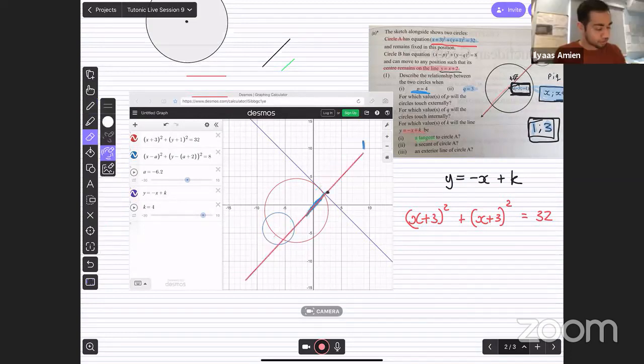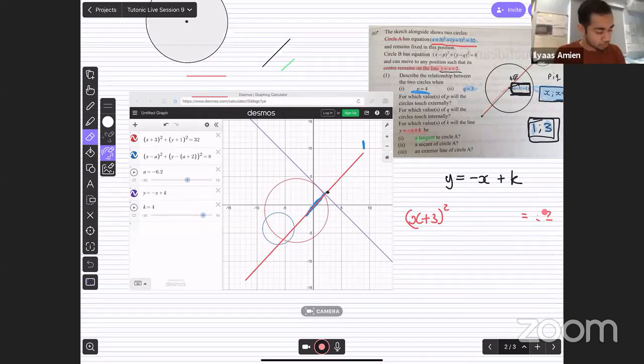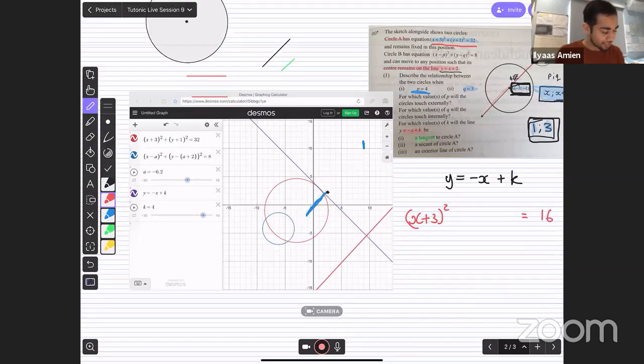So you just say 2 times (x plus 3) squared, and then you divide by 2, which gives you 16. Does this look familiar? Okay, x squared plus 6x plus 9 equals 16. x squared plus 6x minus 7 equals 0.